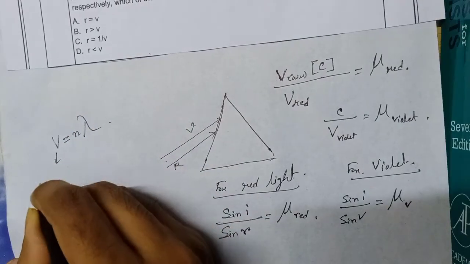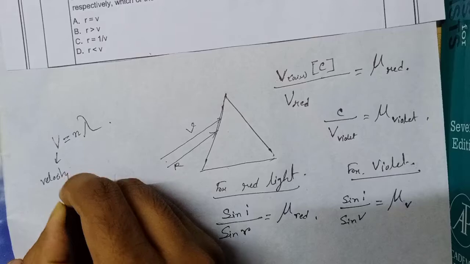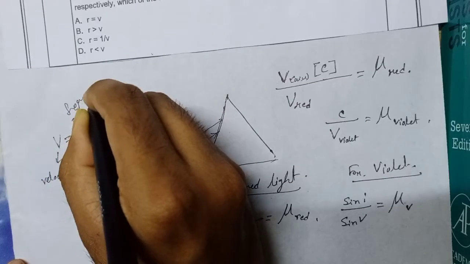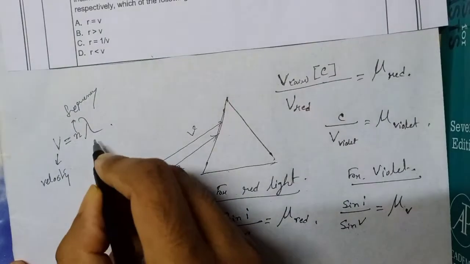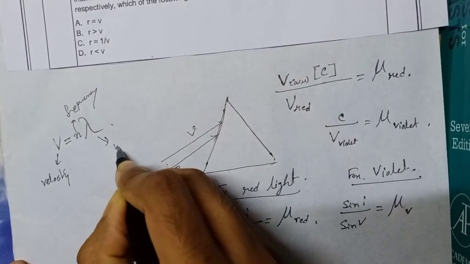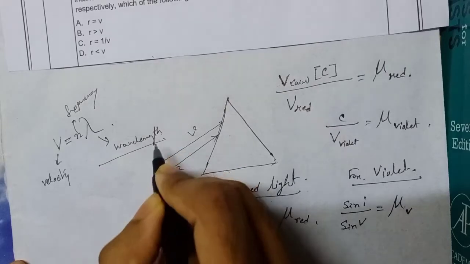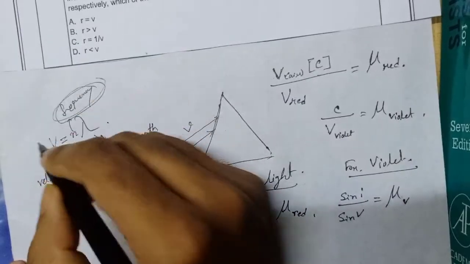Here v is velocity, n is frequency, and lambda is wavelength. Okay, now frequency is fixed.